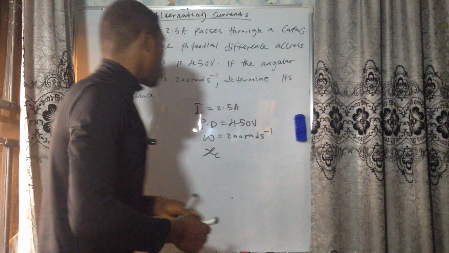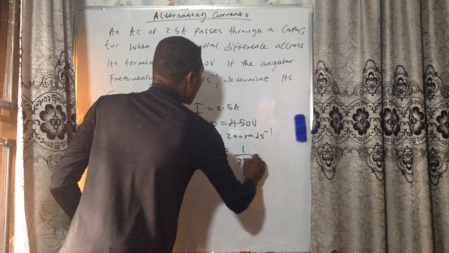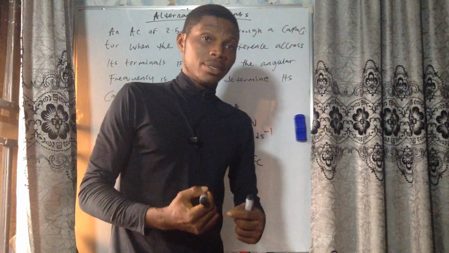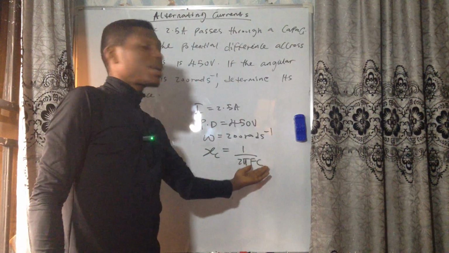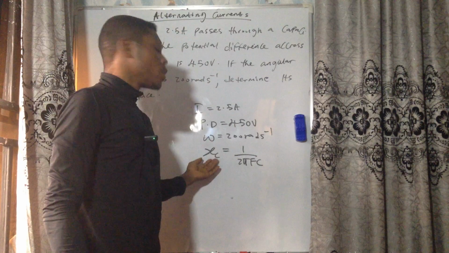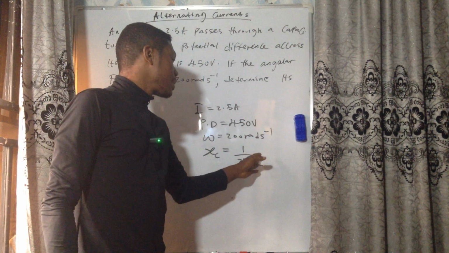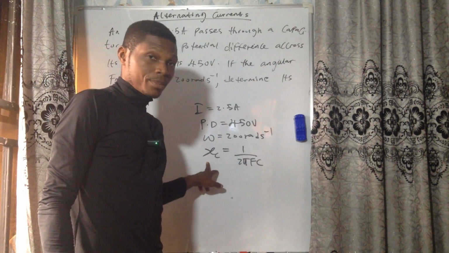The reactance is given by the equation 1 over 2 pi fC. A capacitor stores charges. From this equation, the higher the capacitance, the lower the reactance.